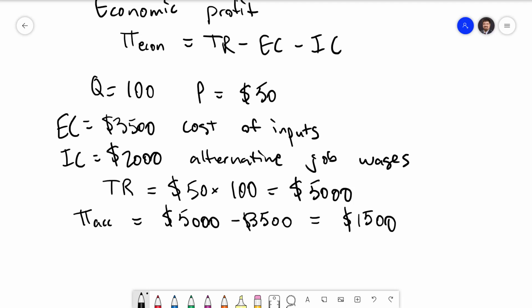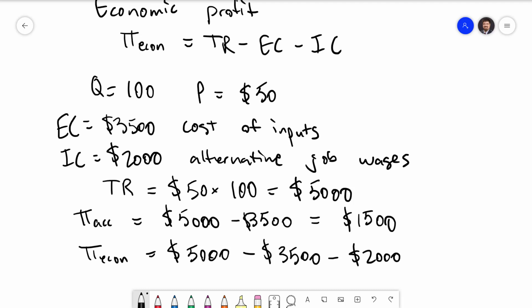But if we calculate the economic profit, we take our total revenue and subtract our total opportunity cost. So we're going to subtract the $3,500 of explicit cost, but also the $2,000 in implicit cost, and we get negative $500. This is an example where the accounting profit is positive, but the economic profit is negative.